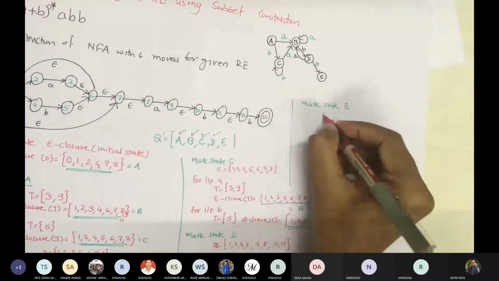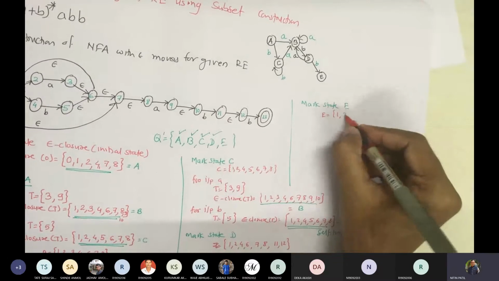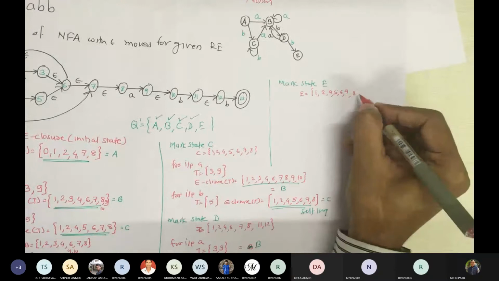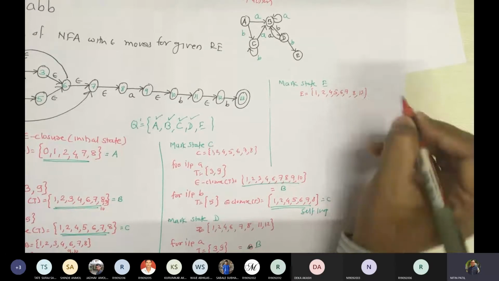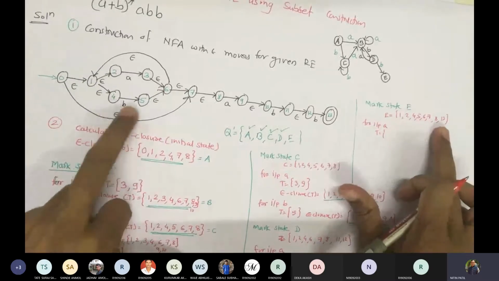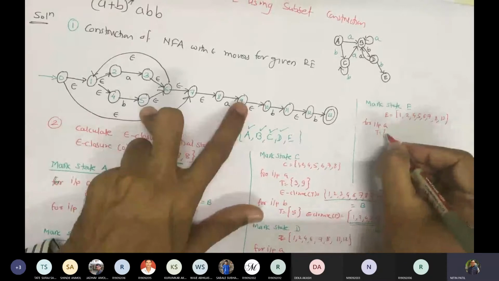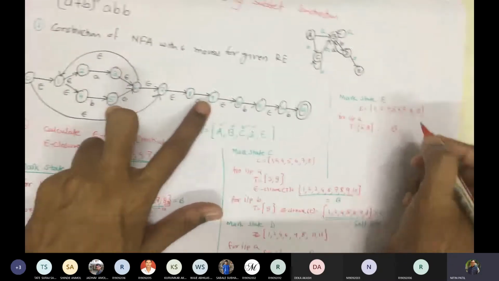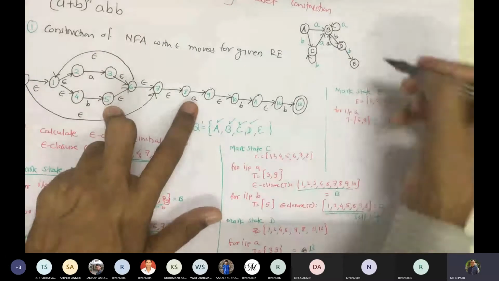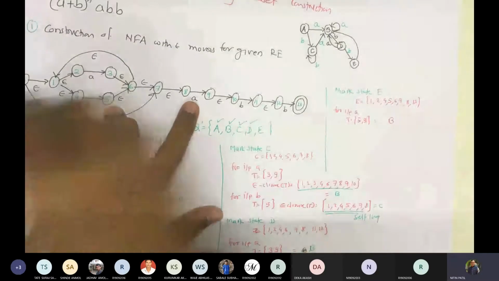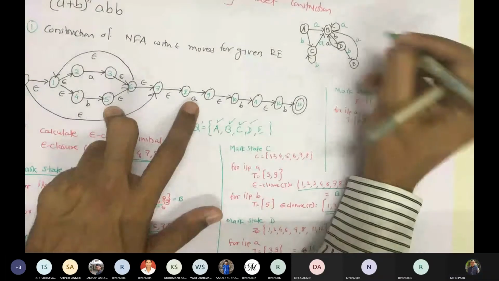E is 1, 2, 4, 5, 6, 7, 8 and 13. For input A, compute T. Ultimately we get 5 and 9, so the states would be repeated. So this is B, and I will write B directly. Correct. So from E it goes to B, with input A.